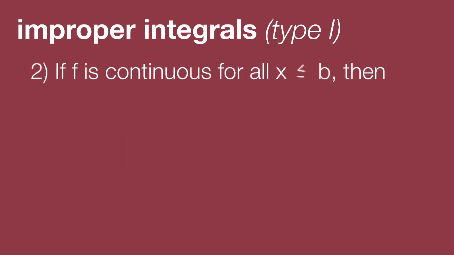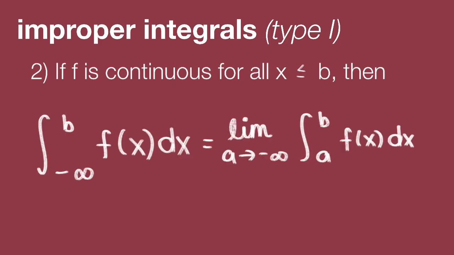Next, if f is continuous for all x less than or equal to b, then the integral of f from negative infinity to b is the integral of f from some variable a to b, and then you just take the limit of that integral as a approaches negative infinity. So, imbis na yung kaninang upper limit yung papalitan nyo, yung lower limit yung papalitan nyo ng variable.